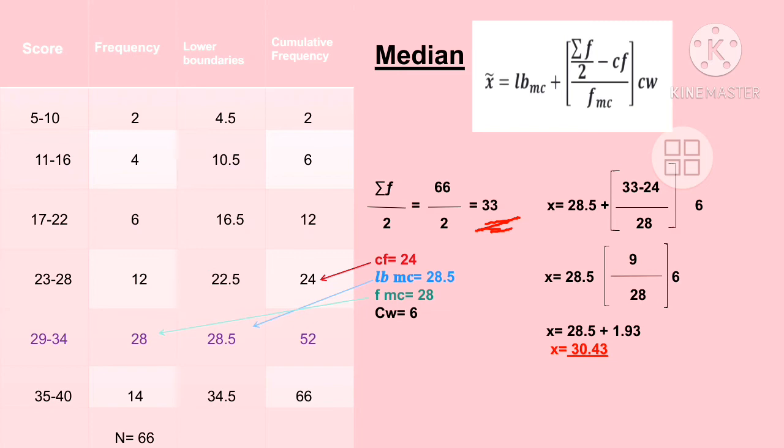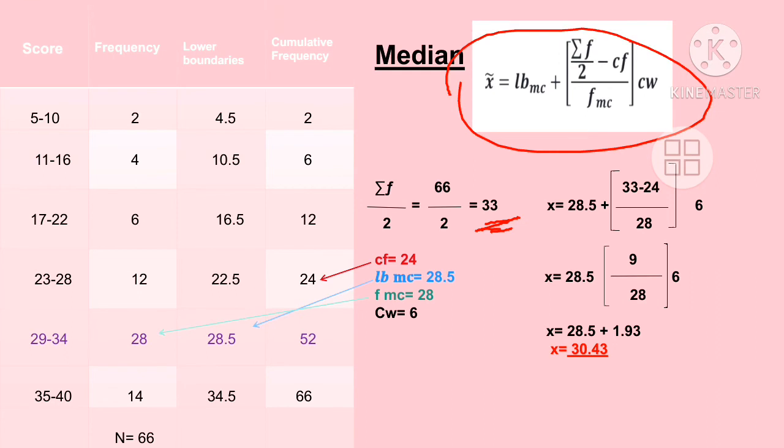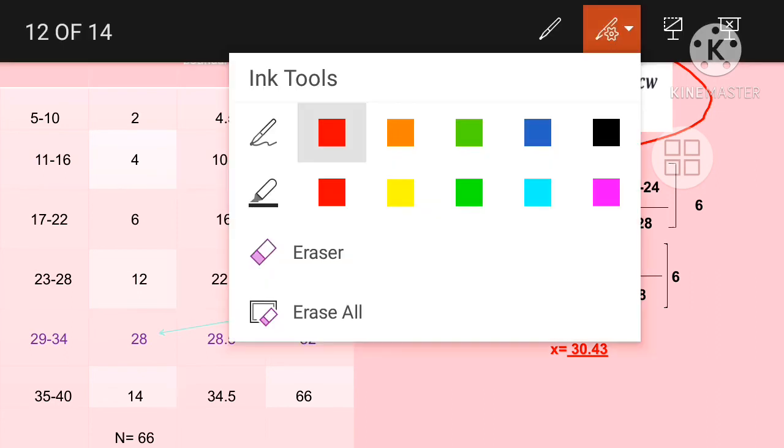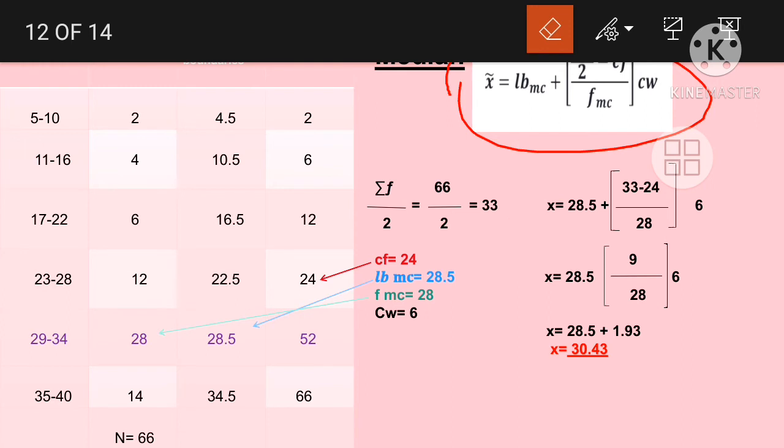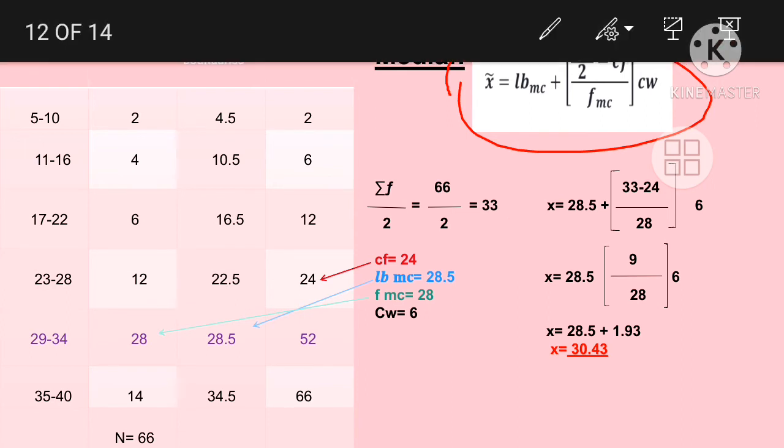On computing the median, we need score, frequency, lower boundaries, and cumulative frequency. Again, this is the formula for median. First, we need to solve for the total frequency, or the summation of f.